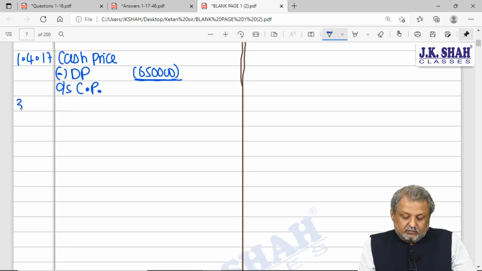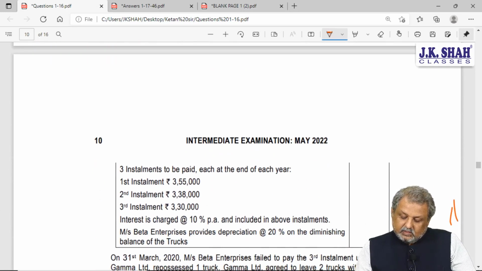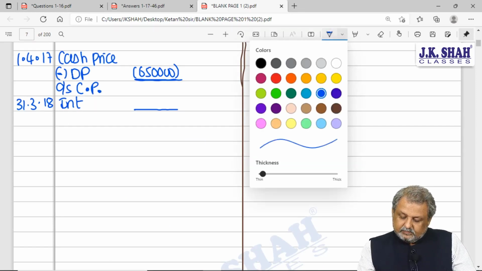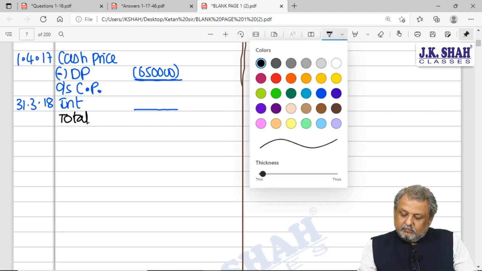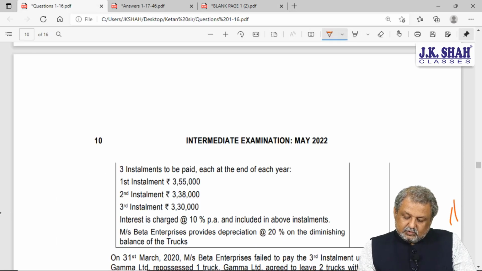Then on 31st March 18, interest will be charged. Interest will be charged at how much percent? 10%. So then you will get the total. Then from that, less the first installment.